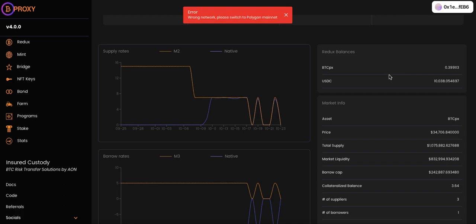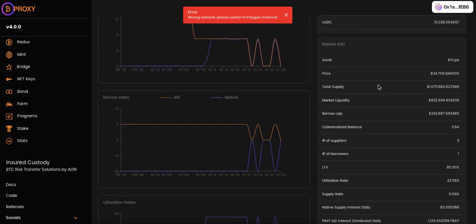So their collateral is used to pay their borrowing interest. Their collateral is sent to this Redux contract in the background. It is converted into the proper currency and then sent into the pool that they borrowed from to pay the suppliers. And that's how you get the native interest being paid by the protocol.